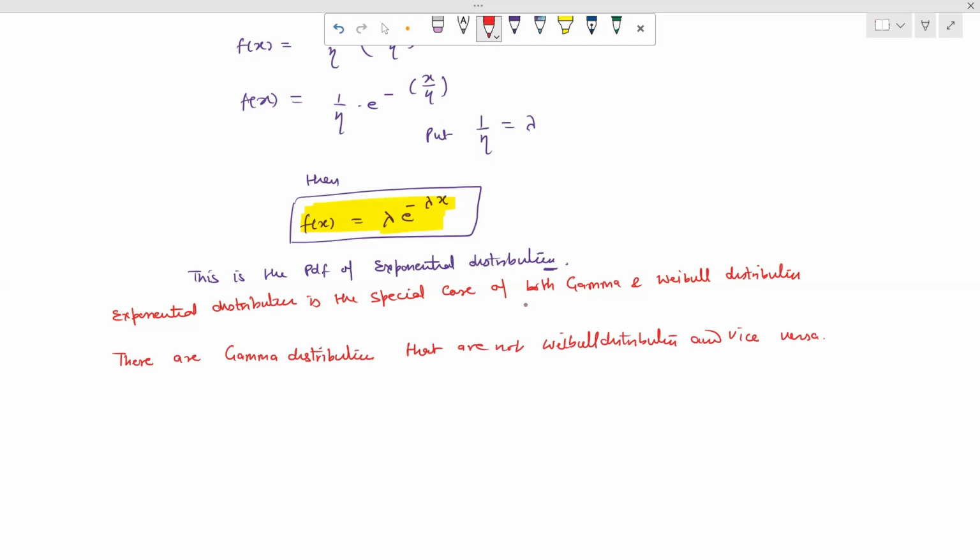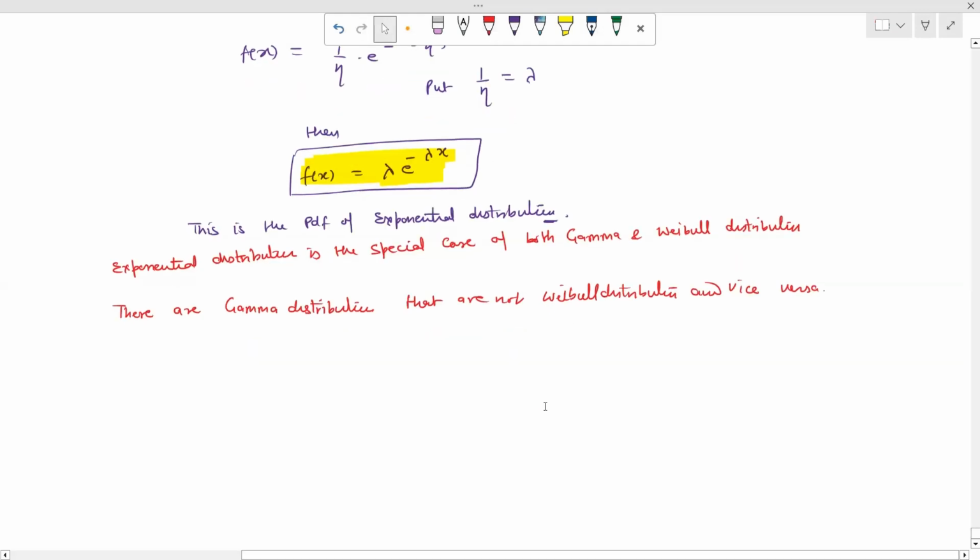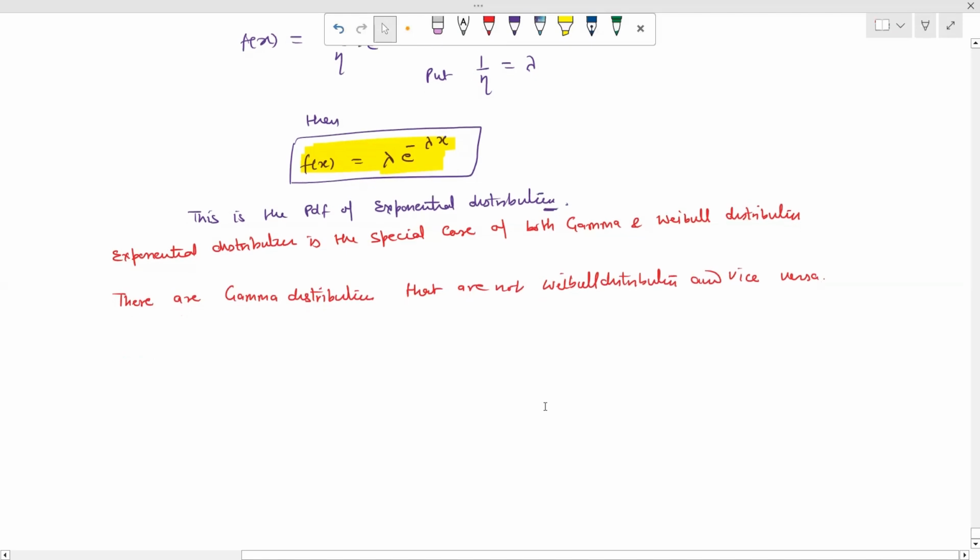Okay, so we can convert these distributions, gamma and Weibull, into exponential, but we cannot convert Weibull into gamma or gamma into Weibull.